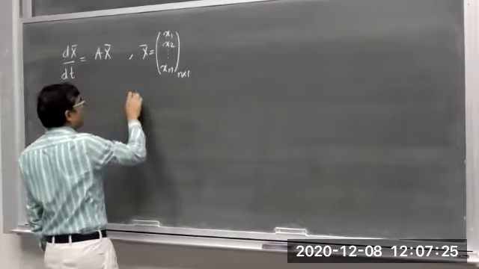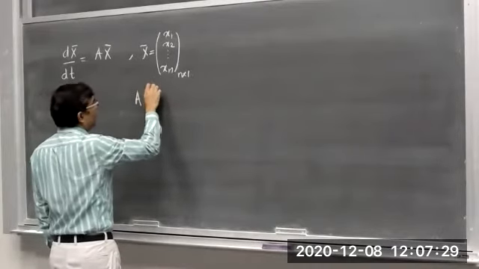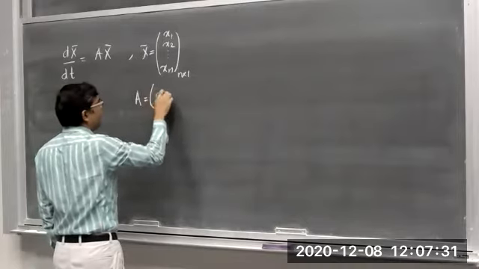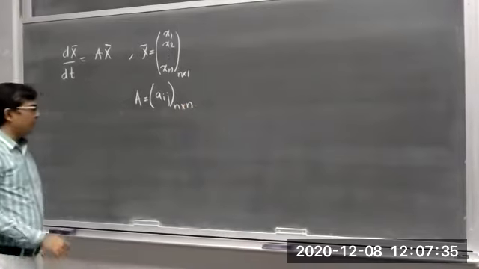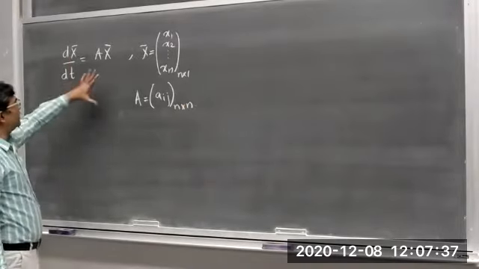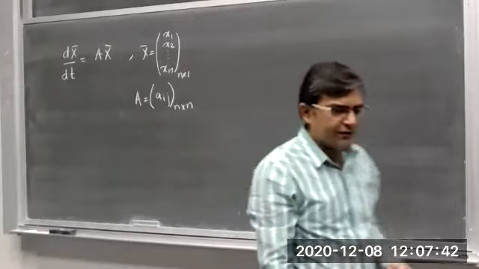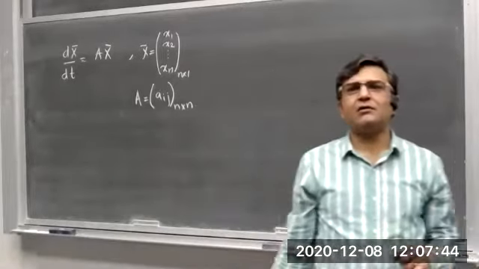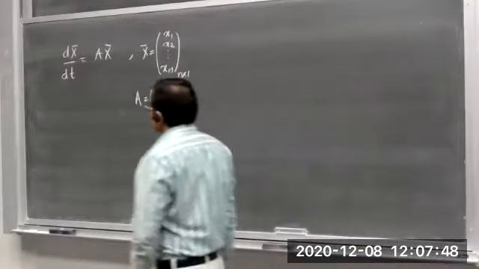And this matrix A was the coefficient matrix, with entries aij, and its order is n cross n. So this was a system of first order differential equations. It is a homogeneous system, and its coefficients are constants, meaning the matrix A is a constant matrix.